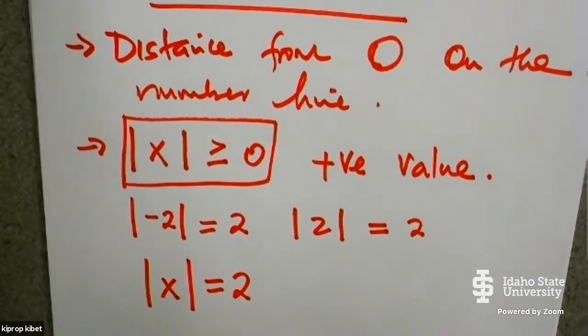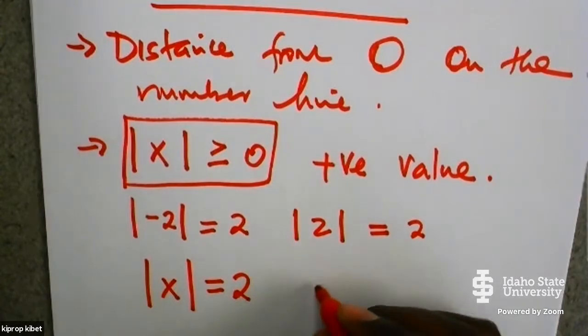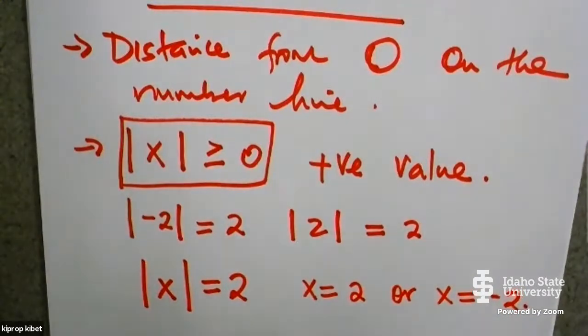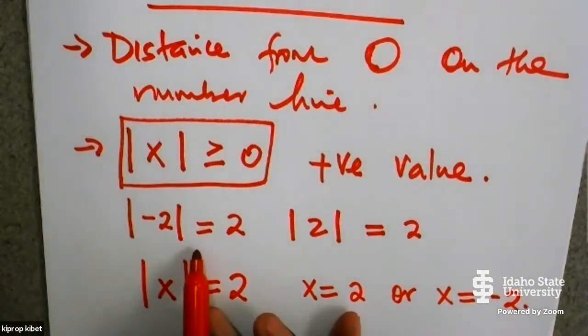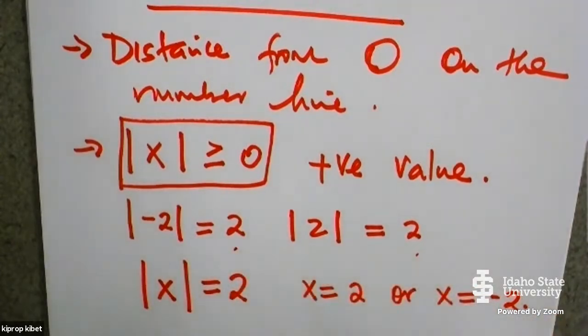So the absolute value of x equals 2 is the same as x equals 2 or x equals -2. So you take the positive and the negative values. Because the absolute value of -2 is 2, and the absolute value of 2 is 2.